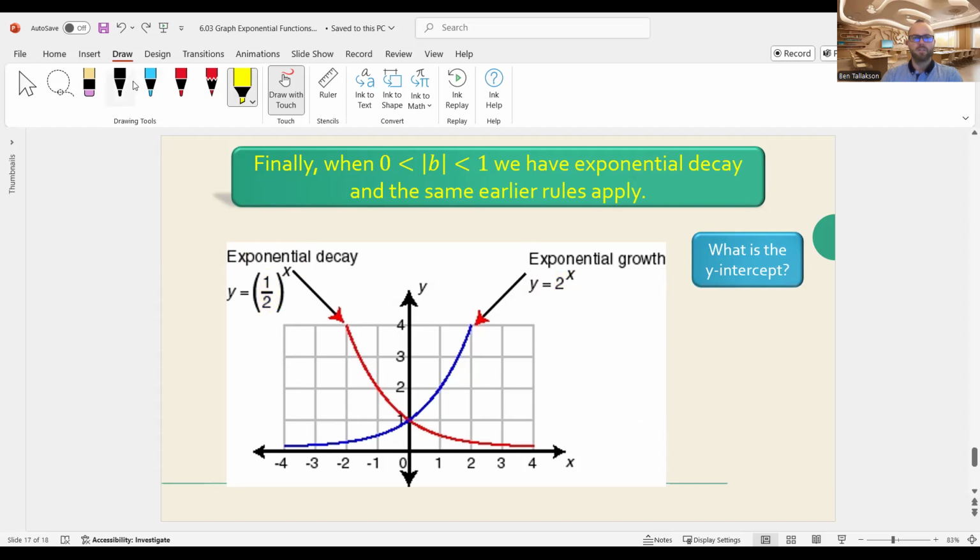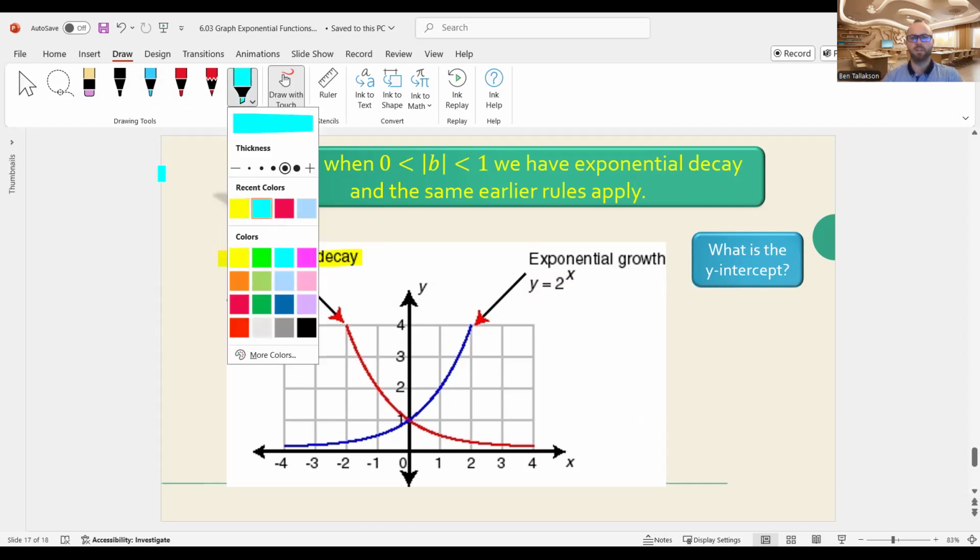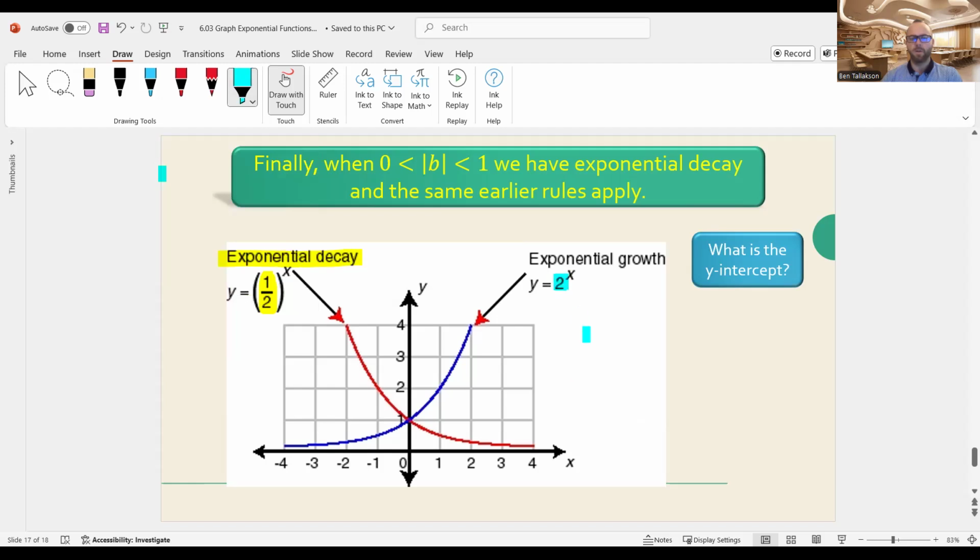Okay, so let's take a look. When this value is between 0 and 1, like this is, there is exponential decay. We talked about this before, right? This isn't our first time looking at this. If this value is greater than 1, there's exponential growth.